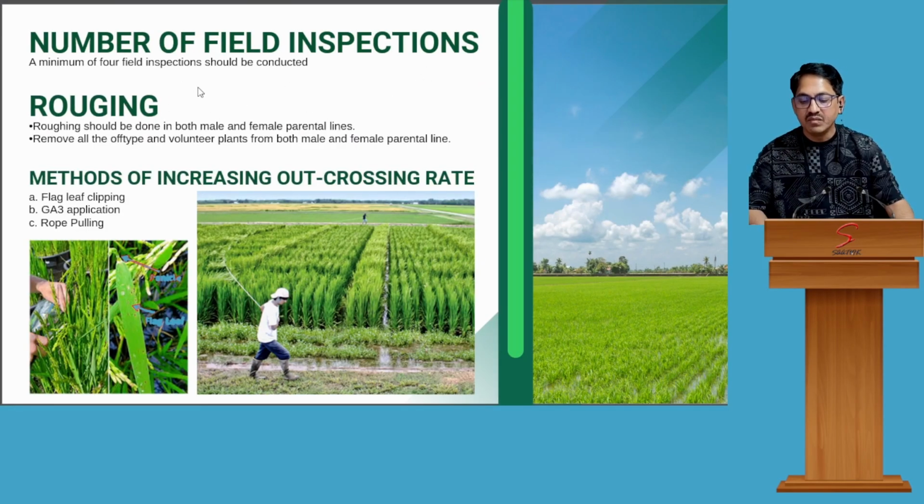Number of field inspections. A minimum of 4 field inspections are required in hybrid seed production. Then roguing. Roguing is very much required in male and female parental lines because if there is contamination or pollen shedders are available or any off types are present in the male and female lines or parents, then the F1 seeds may not remain uniform or high yield may not be obtained.